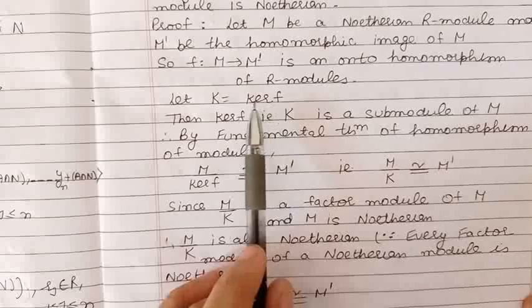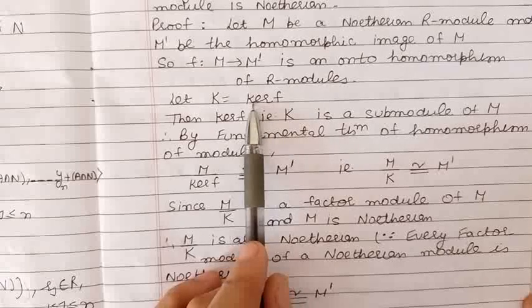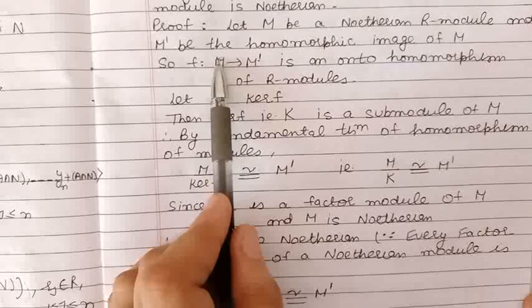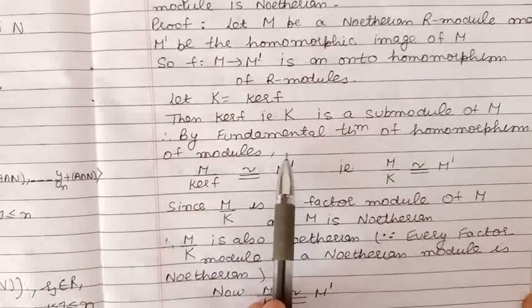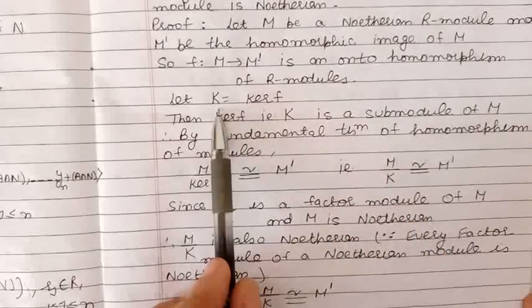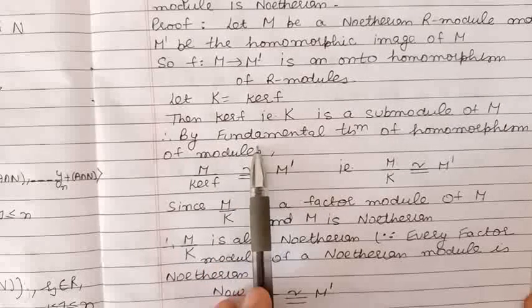Then we know that the kernel of a homomorphism is a submodule of M. Now we have an onto homomorphism with the kernel K, so we can apply the fundamental theorem of homomorphism of modules.